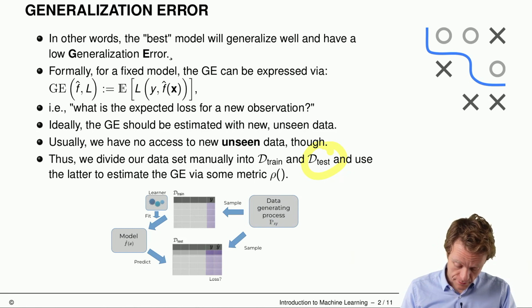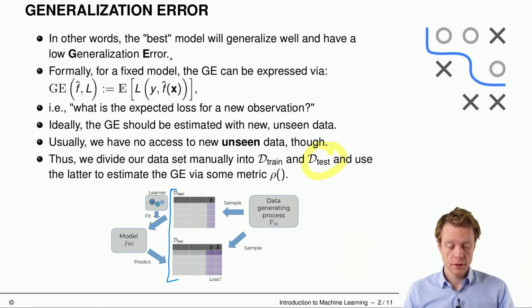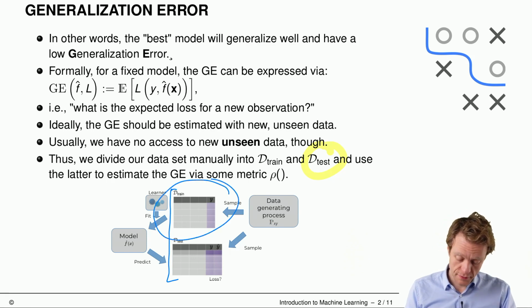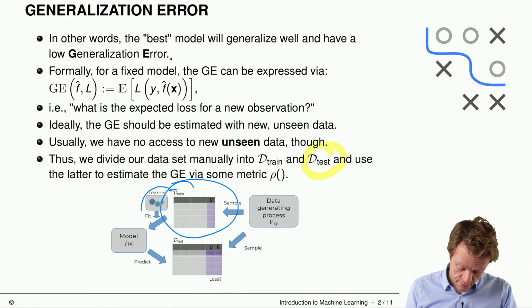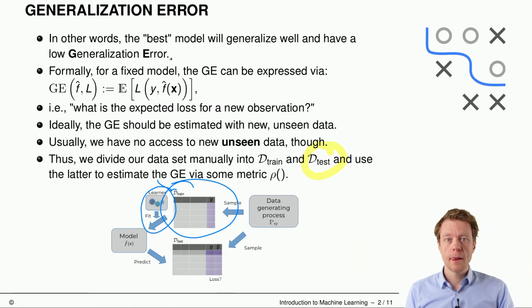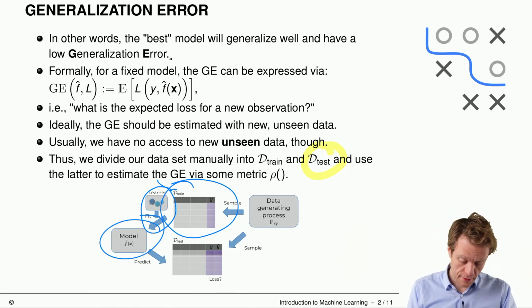So what we do here is we divide the data we have, which is the union of these two tables here, dtrain and dtest. We divide it in two parts, training data and test data. Then we use the first part, here the training data, to learn a model through the learner and get a best model f hat of x.